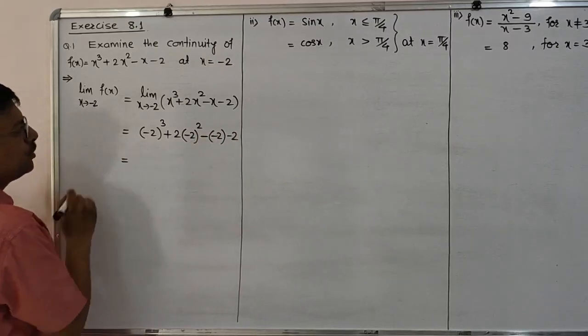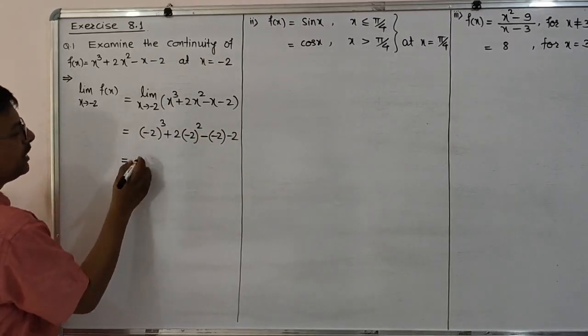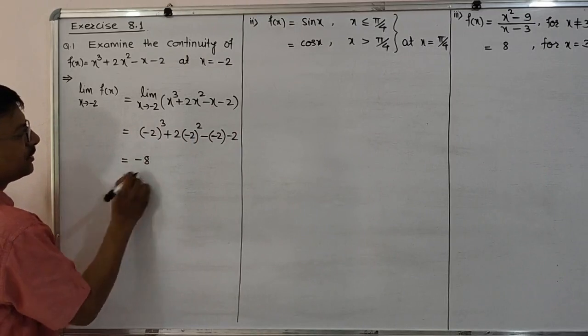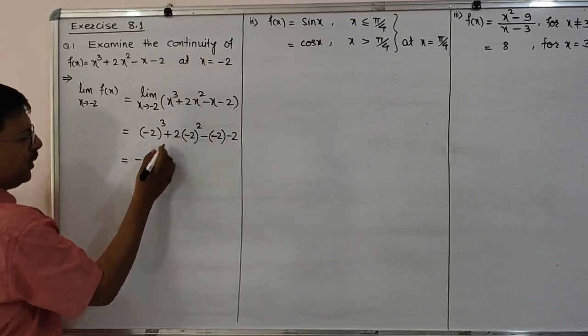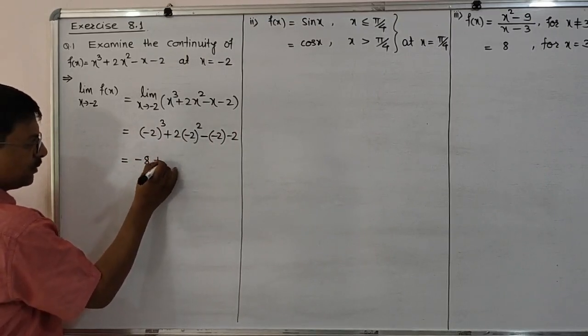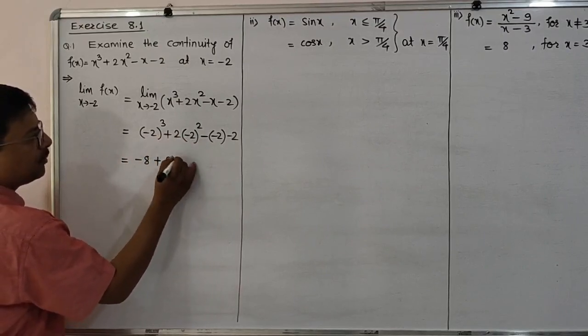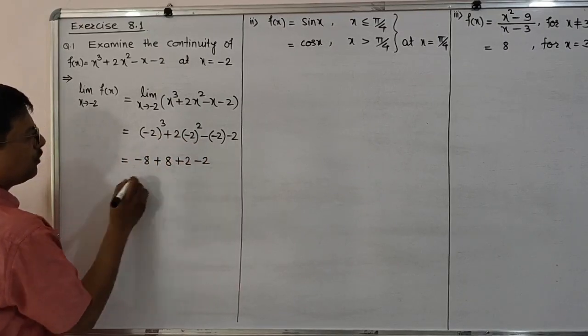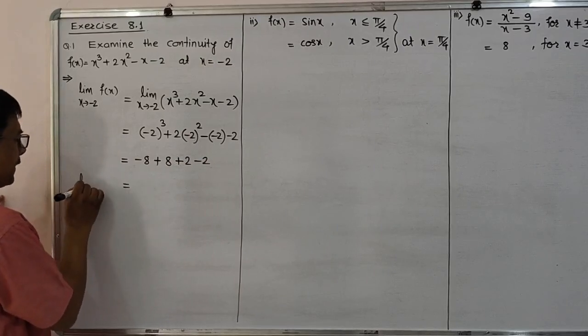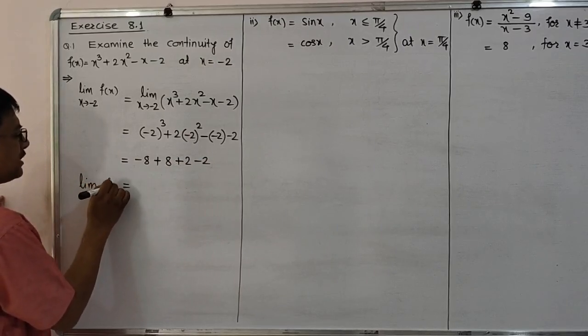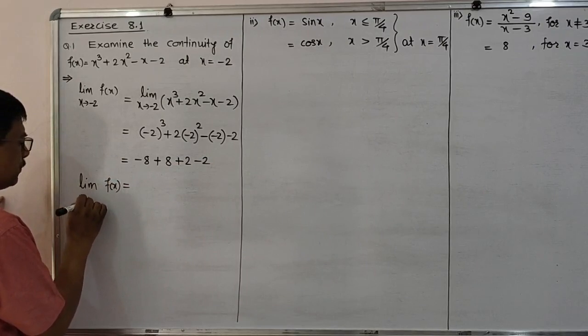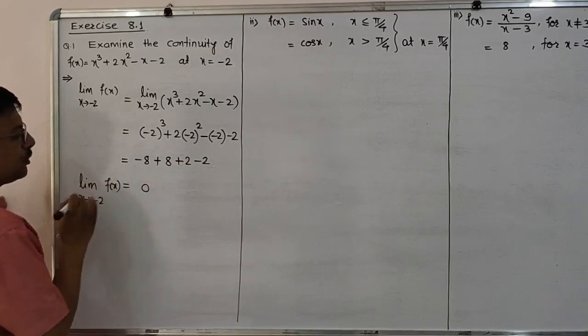That is equal to minus 2 cube is nothing but minus 8. Minus 2 square is nothing but 4, into 2, 8, plus 2 minus 2. Means the limit of the function as x tends to minus 2 is equal to 0.